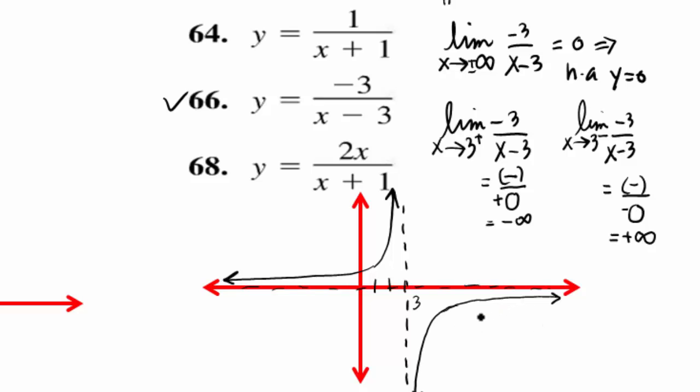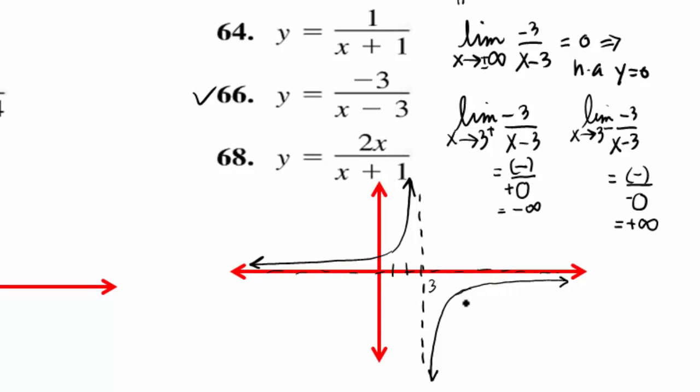And one thing that could be helpful is that you can plot points close to 3, or even where x is equal to 0, around the area where you have the vertical asymptote. That way it will guide you in how you will graph the function. And of course, use the fact that you have a horizontal asymptote at y equal to 0, and that vertical asymptote tells you where it will go.